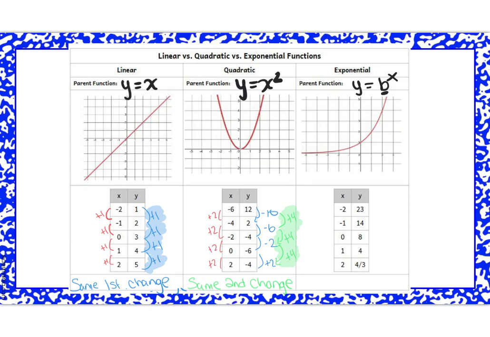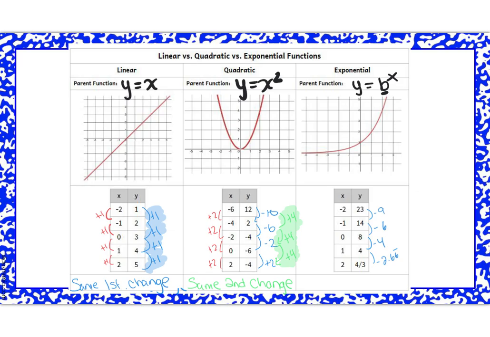For exponential, there are actually two ways to think about this. Because we are focused on the same change in addition or subtraction for both linear and quadratic, I'm going to continue using that method. So I'm going to try and identify if there is a change that is consistent throughout my y values here.